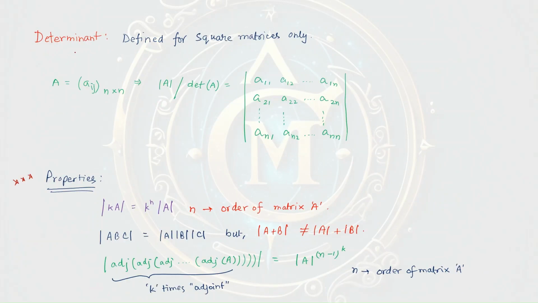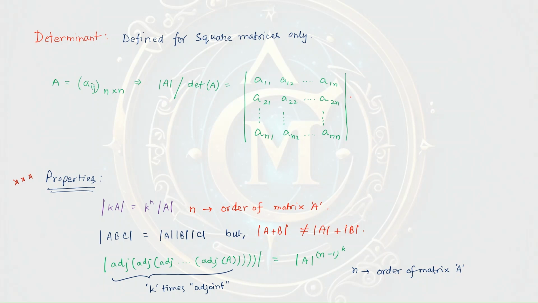Now we come to the determinant. The determinant of a matrix is defined only when the matrix is a square matrix. So if A is a square matrix of nth order, the determinant of A we write either by this notation or by this notation. You can use any of them.